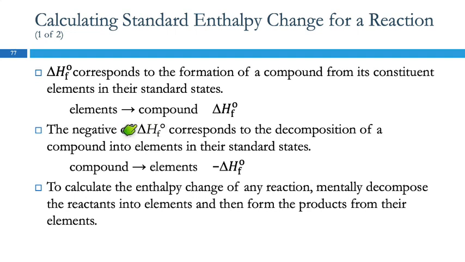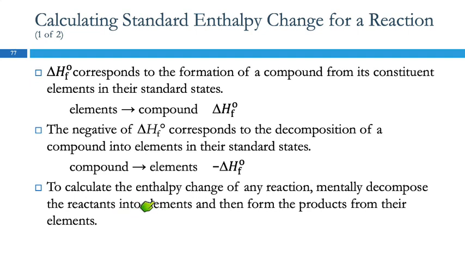When you reverse the reaction, what do you do to delta H? You change the sign. So a compound being broken down into its elements would correspond with the negative heat of formation. This is where it gets simpler and we don't have to add a whole bunch of chemical equations together.